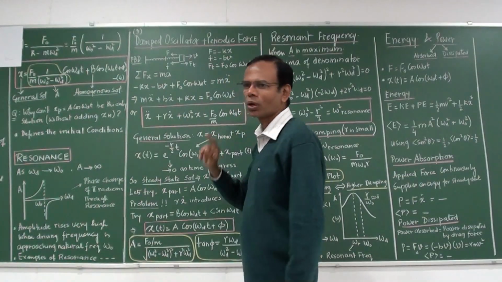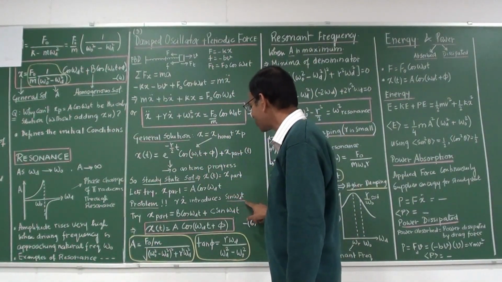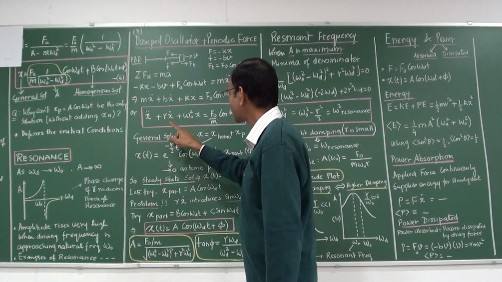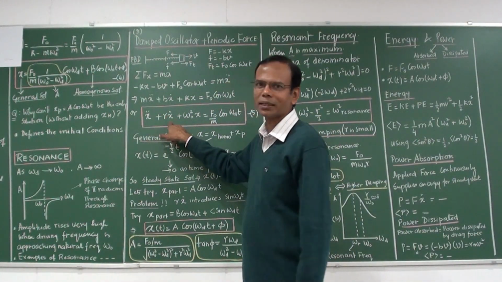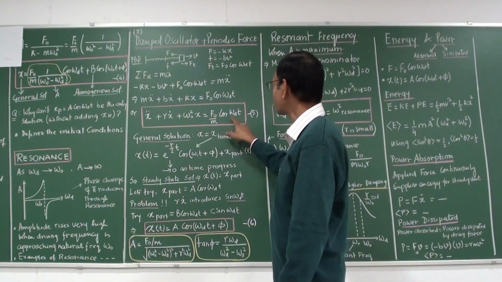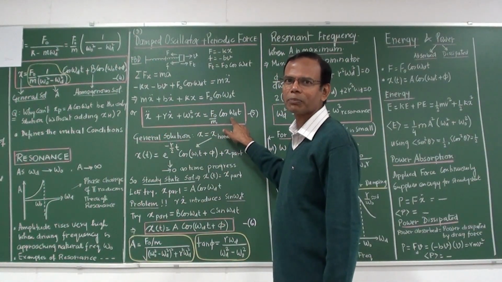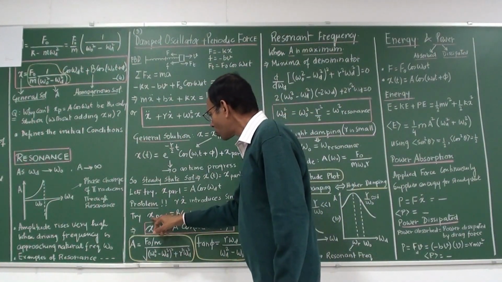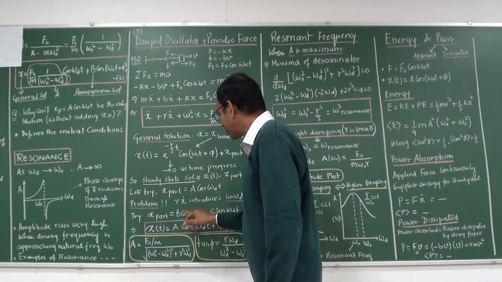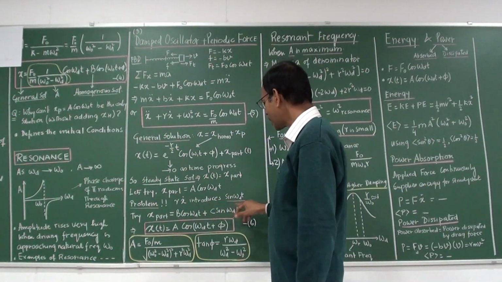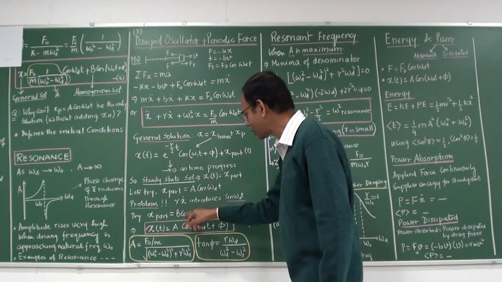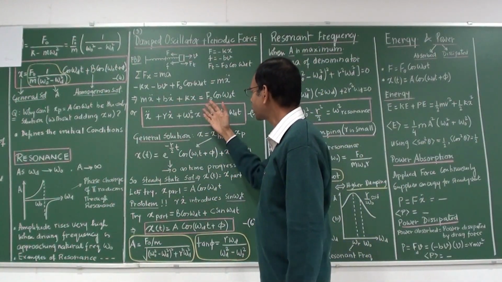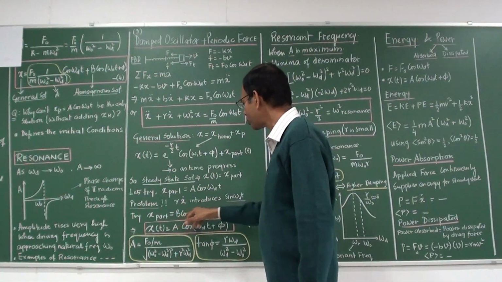But for gamma x dot, you will get a sine function, sine omega t. So your equation will contain both cos as well as sine, while here you have only cos, so you are landed with a difficulty. So what to do? We will choose x particular as b cos omega d t plus c sine omega d t, containing both cos and sine terms, and substitute back over here and find out the values of b and c.